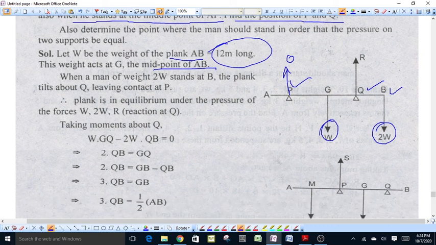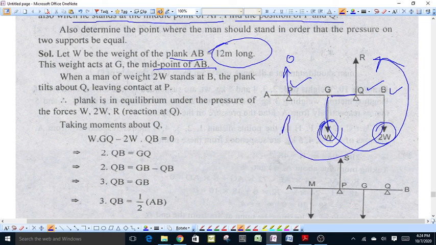Now the plank is in equilibrium, therefore taking moment about point Q, the moment of force W about Q will be of anti-clockwise sense. This will be positive W into GQ, perpendicular GQ, and that of 2W will be of clockwise sense, so this moment will be taken as negative.